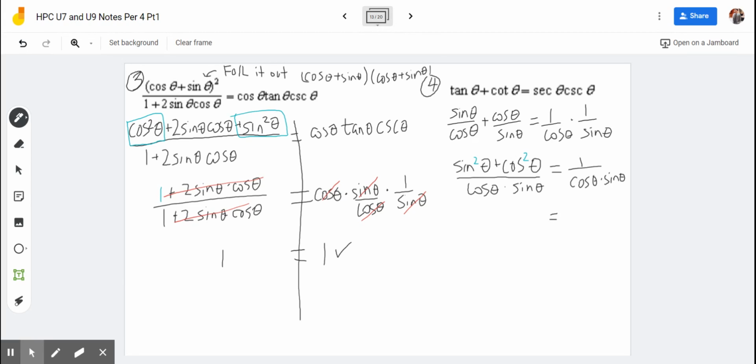And it's that same Pythagorean identity. Sine squared plus cos squared, that's just 1 over cos theta times sine theta. And it matches up now, equals 1 over cos theta times sine theta. And there you go. All right, so 4 examples going over how to use the trig identities.